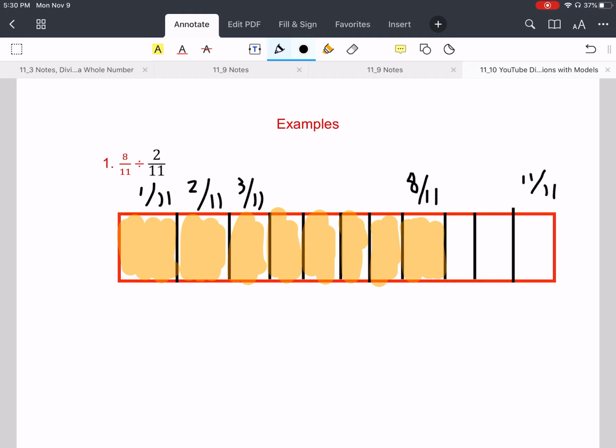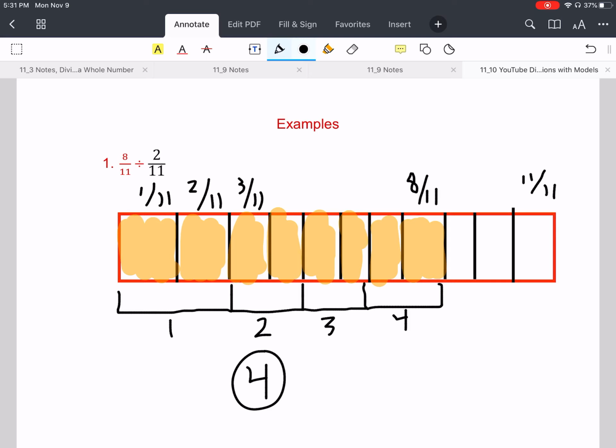So each 2 boxes represents 2/11ths. So using our model, we see here, this is 1 2/11ths, our second 2/11ths, our third 2/11ths, and our fourth 2/11ths. So there are 4 2/11ths that we can make out of 8/11ths. So 8/11ths divided by 2/11ths gives us our final answer of 4.